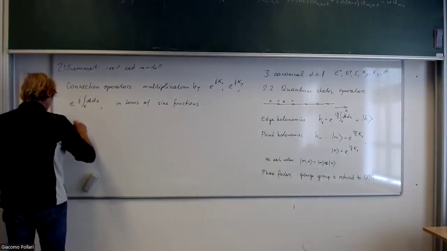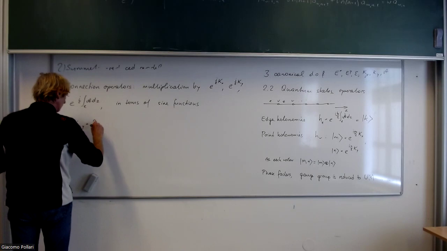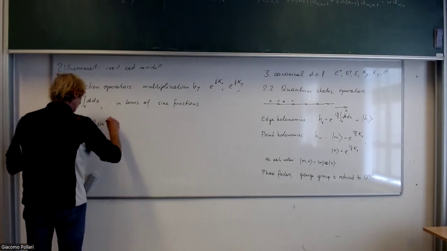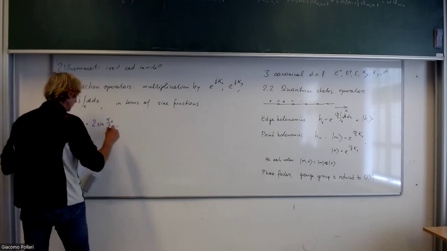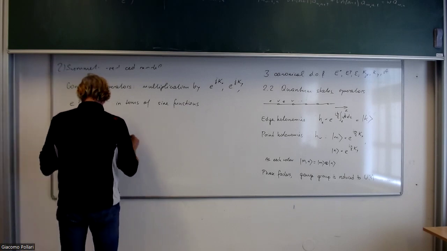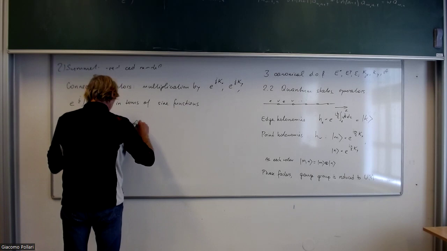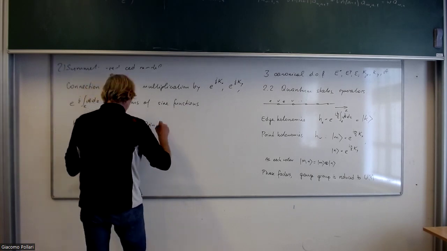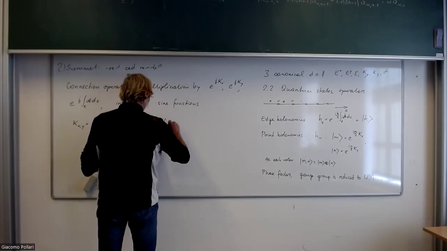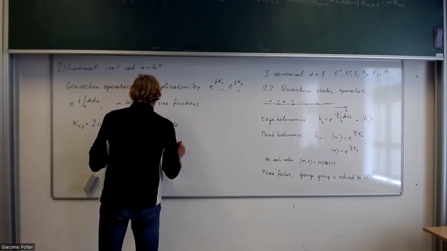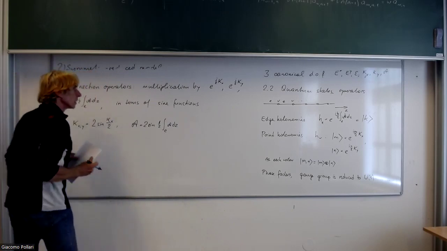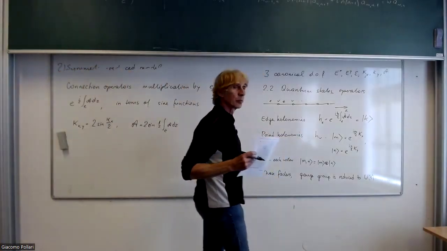So k, x or y is 2 sine of k x r. And anyway, we don't need this. This is 2 sine half, and again this integral. Now we consider the action on such states.